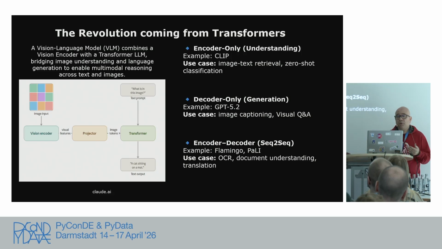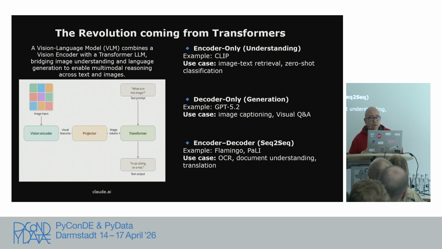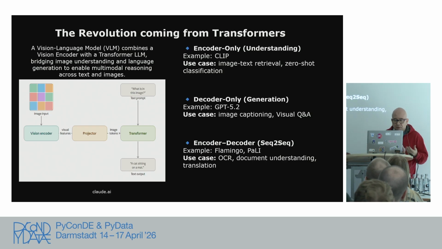The revolution for computer vision also comes from transformers, because transformers are flexible and you can use them also for visual language models. You use a visual encoder that captures the images and creates the visual features. This visual encoder is trained on large image and text data.